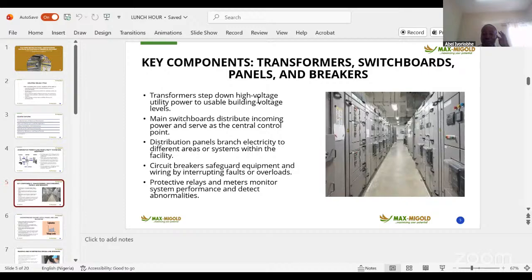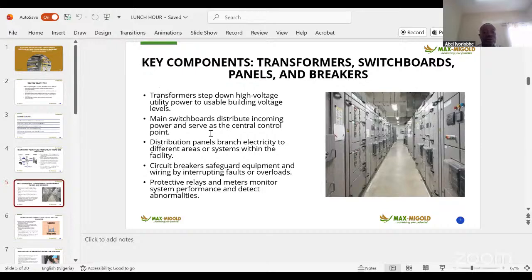So we have a transformer that brings down the voltage from the higher value to a lower value that is tolerable by the users, like 11 kV to 415 or 400, or 400 to 220 or 240. Those are the acceptable voltage values that a human being can interact with. 400 or 415 for three phase, and between 200 and 240 for single phase.